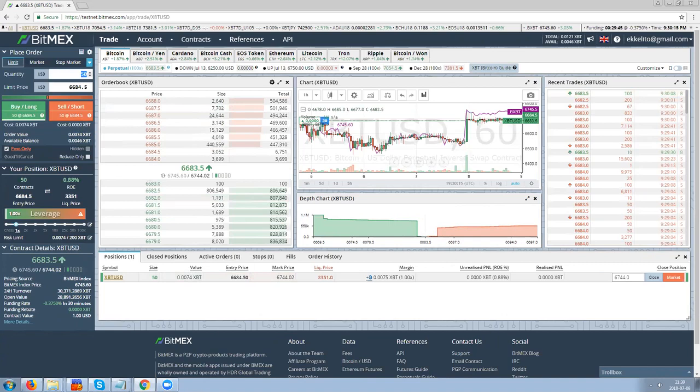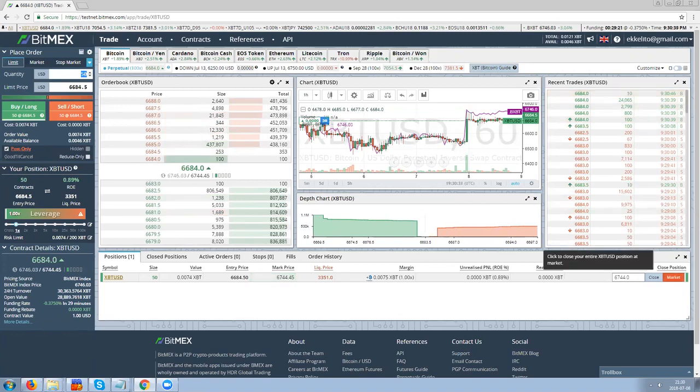But let's say you get a signal that it will go down. You get an exit signal, and that was my initial question. So what would you do? Would you just enter a sell or short, or would you first close this buy order? First, you always need to close your position if it's in the positive.